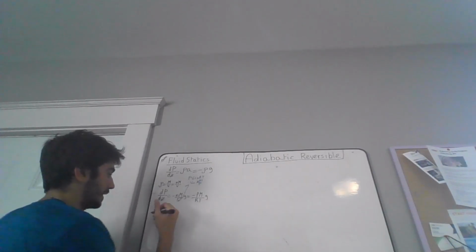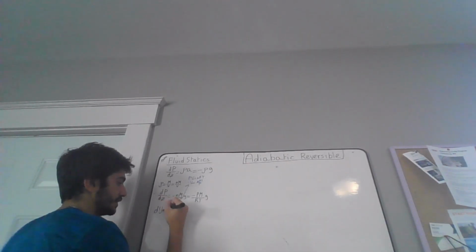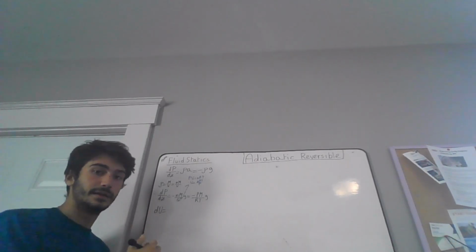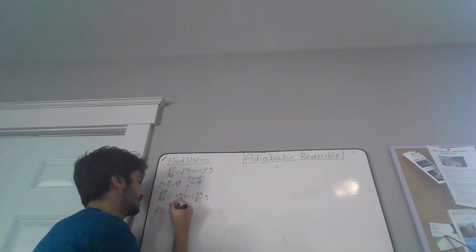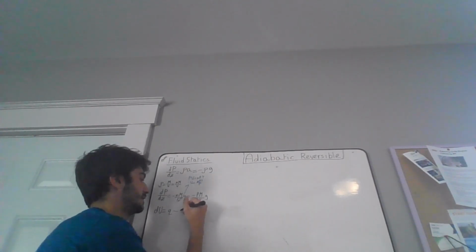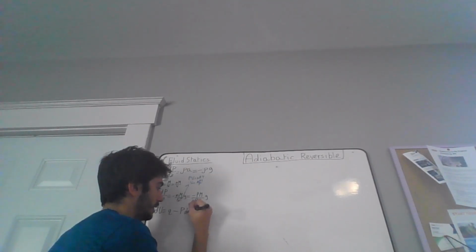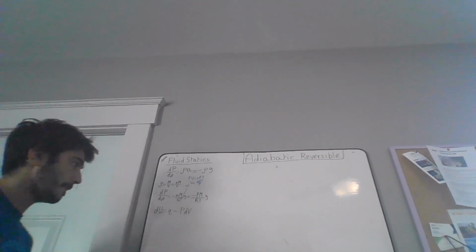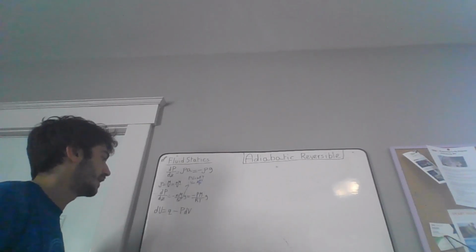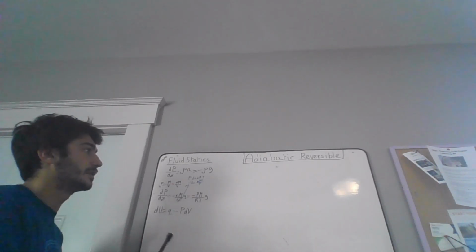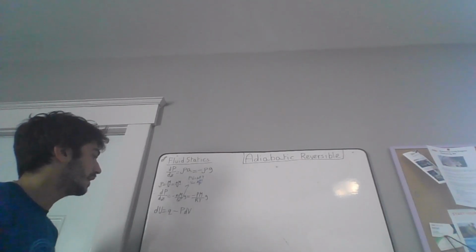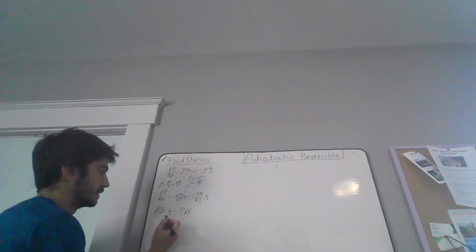It states that the change in internal energy, in this case dU, is simply equal to the heat added, in this case Q, minus the work done by the system, which is just P dV. And we know that there is no heat being taken in during this fluid expansion, so Q is 0.